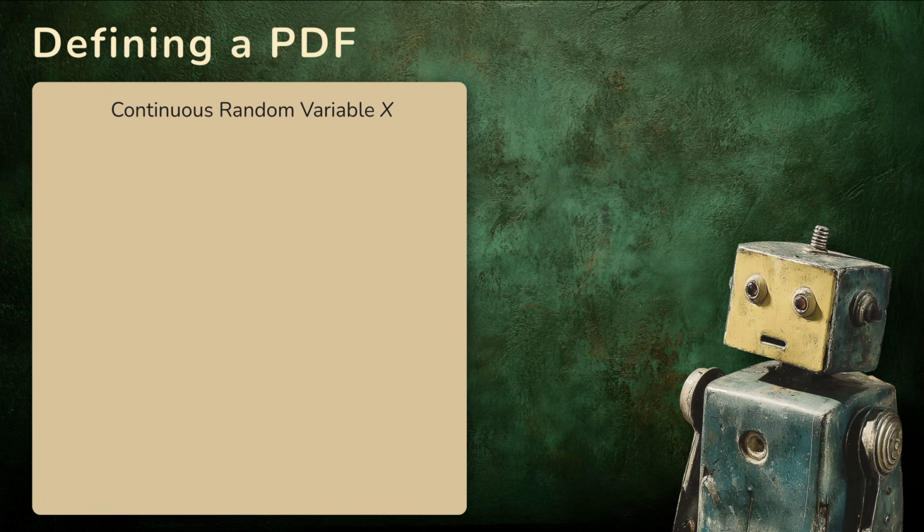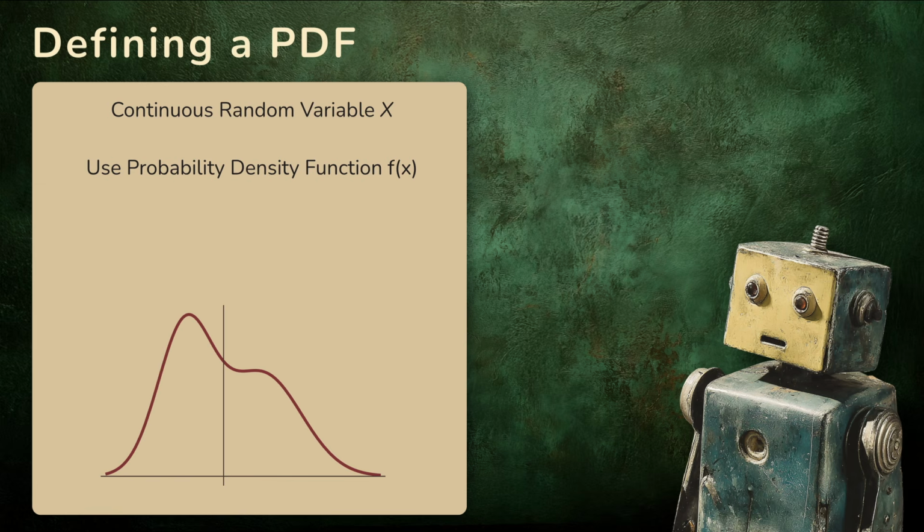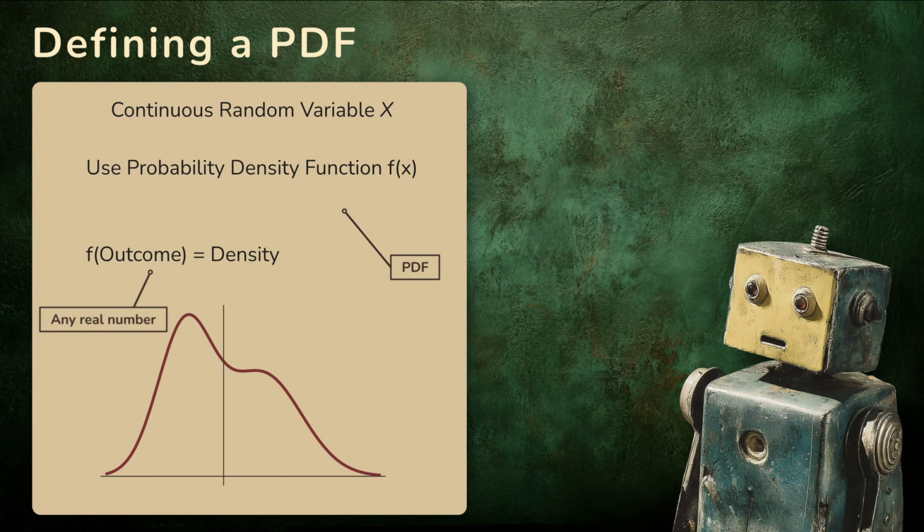Instead, we assign a probability density to each real number. This is done with a probability density function, or PDF for short. We'll use the letter f for the function. The input is any real number, and the output is a density. The density can be 0 or positive, but it cannot be negative. The area underneath this curve must be 1.